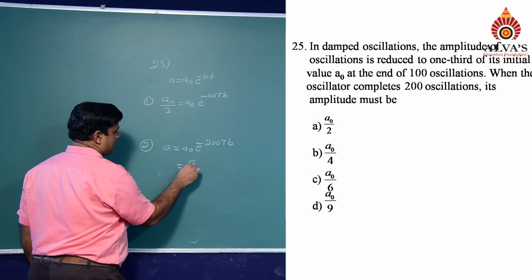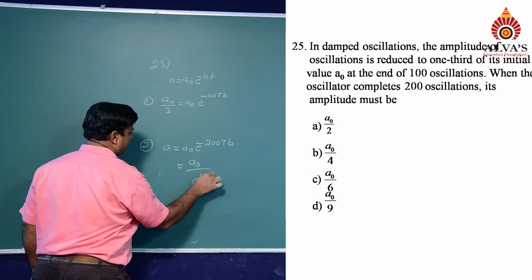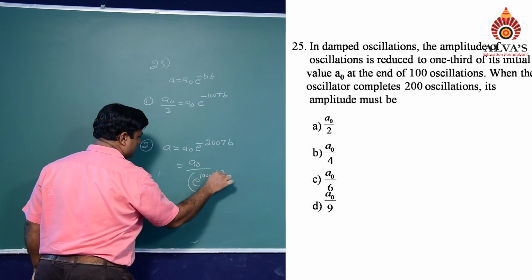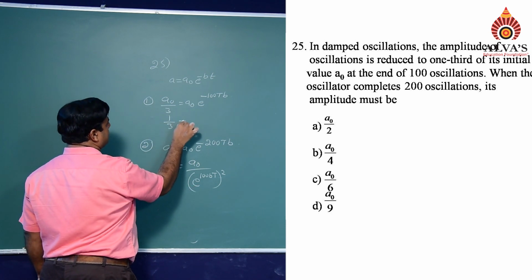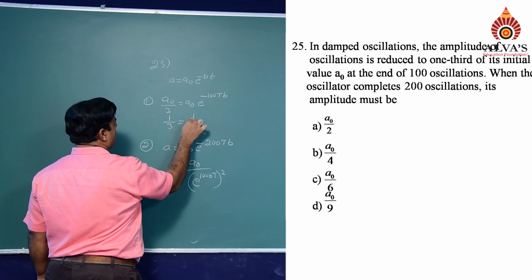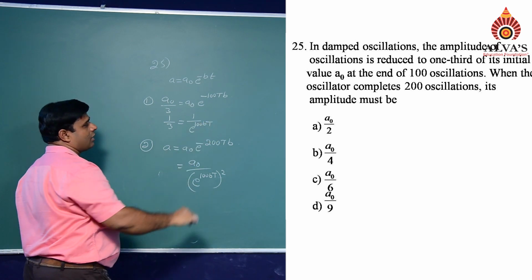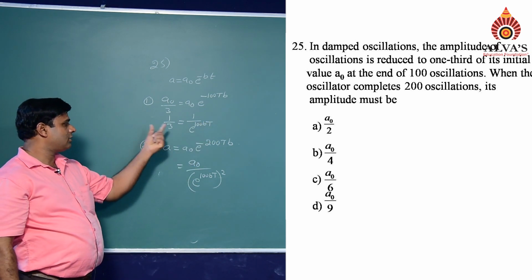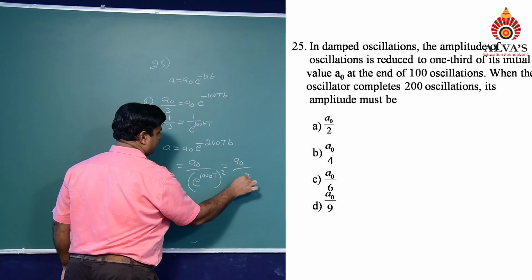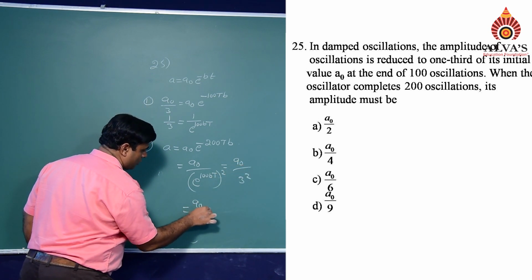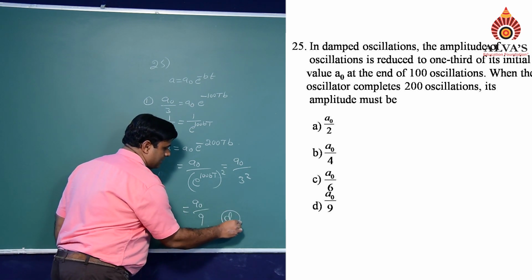This can be written as A naught by (e to the power 100 BT) whole square. Get the value of this from the first formula. 1 by 3 equals A naught by e to the power 100 BT, so e to the power 100 BT is nothing but 3. So, this is equal to A naught by 3 square, which is A naught divided by 9. So, the answer is D.